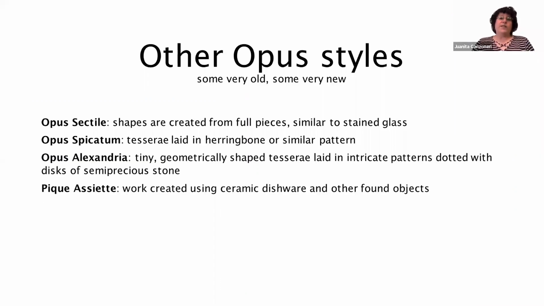And there are other opus styles. Opus sectile is what I mentioned with the piece with the red background. Opus peccatum, thank you, all that Latin. It's basically herringbone or something. It's a similar pattern, like you'd lay it with whole rectangular tiles for the most part.